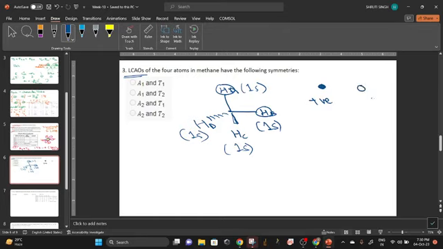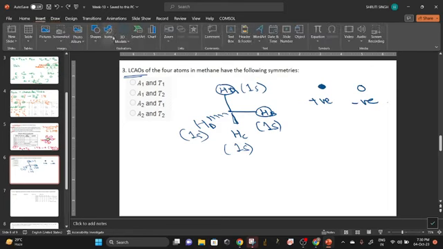If it is negative, we will denote it by an open circle. Now, since this is the tetrahedral geometry, let me draw it here.